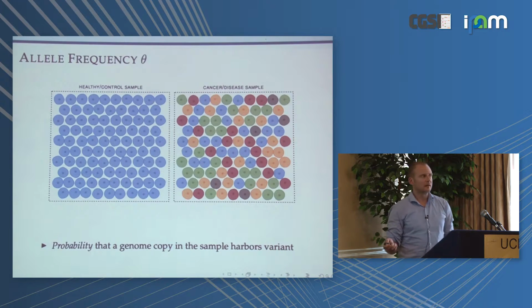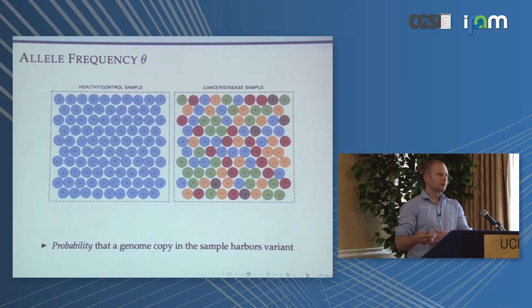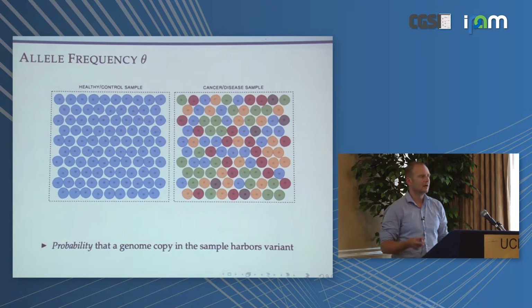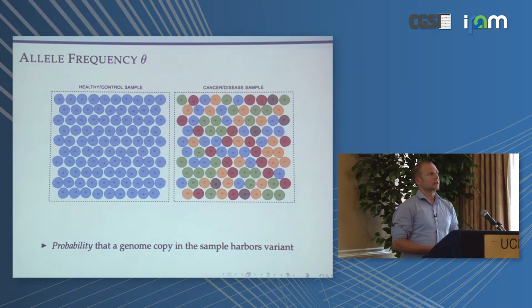Here in the healthy sample, we all have a mother and a father, so either both of them transmitted the variant, or only one of them transmitted the variant, or none of them transmitted the variant, which gives you a probability of 1, 0.5 or 0 for encountering a genome copy harboring the variant.